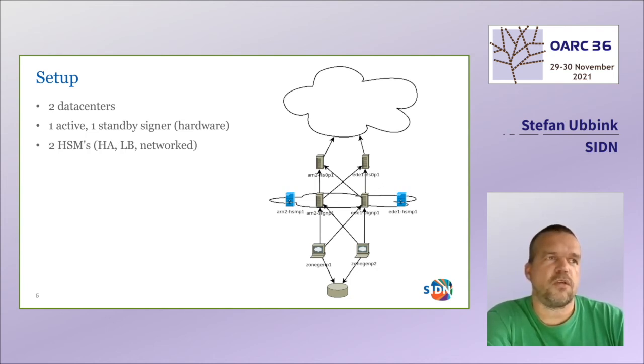Here noted as ARN2 HSM P1 and ARN2 sign P1 for one data center, and the other data center is ONE sign P1 and ONE HSM P1. The HSMs in this setup are in a high availability cluster, so when one HSM falls out because the data center goes away, the keys are still available.